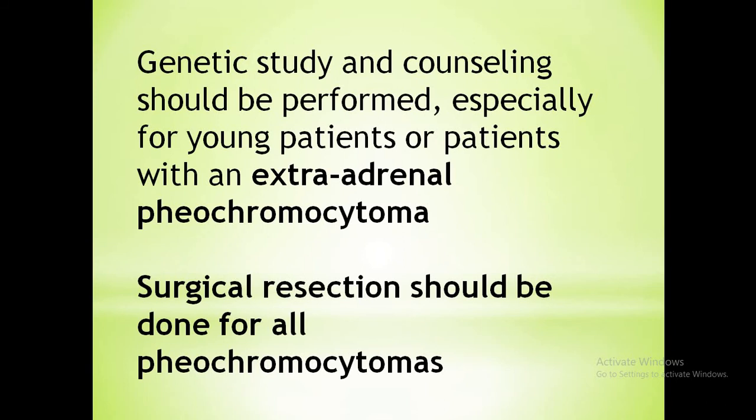So genetic study and counseling should be performed, especially for young patients or patients with an extra-adrenal Pheochromocytoma. So in young patients or in extra-adrenal Pheochromocytomas or paragangliomas, genetic studies are very important. And if the patient is known to have a Pheochromocytoma, then you go for a surgical resection, that's for sure.